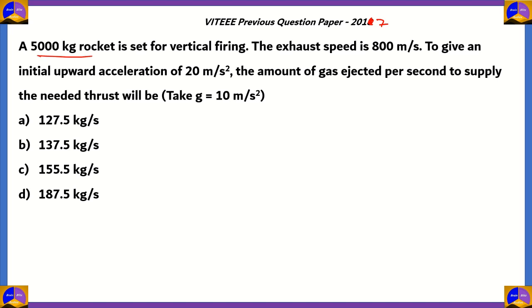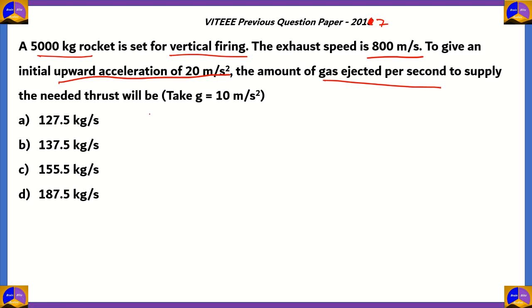So we have a 5,000 kilogram rocket which is set up for vertical firing. The exhaust speed is 800 meters per second. To give an initial upward acceleration of 20 meters per second squared, the amount of gas ejected per second to supply the needed thrust will be, take g equals 10 meters per second squared.